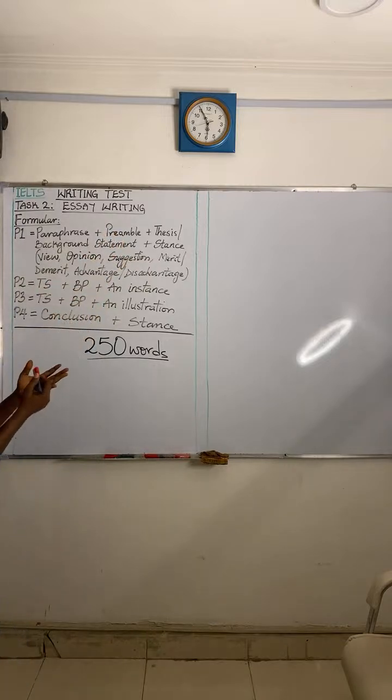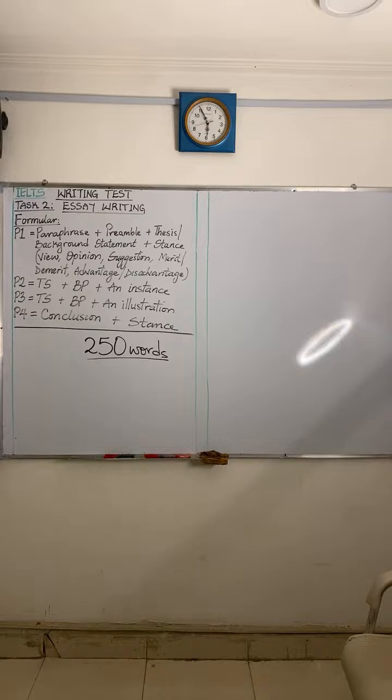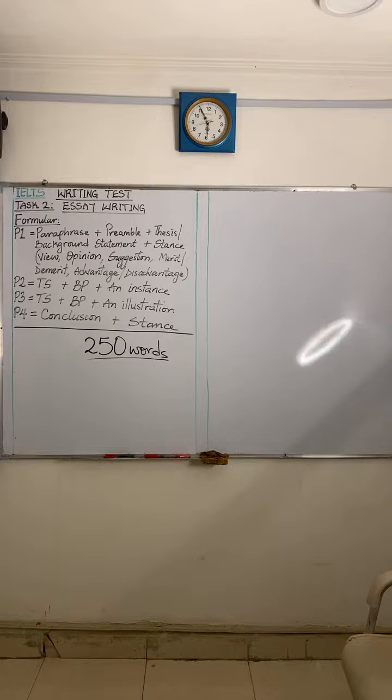If you have 6 words in the first line, maybe 7 words in the second line, maybe 7 words in the third line, you look for the average. When you get an average from the first 3 lines, you now count how many lines you wrote from paragraphs 1 to 3 or paragraphs 1 to 4 and multiply by that average. That would give you the idea about whether or not you've been able to write up to 250 words. Please, do you understand this?